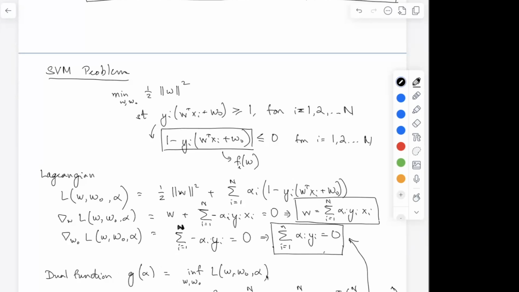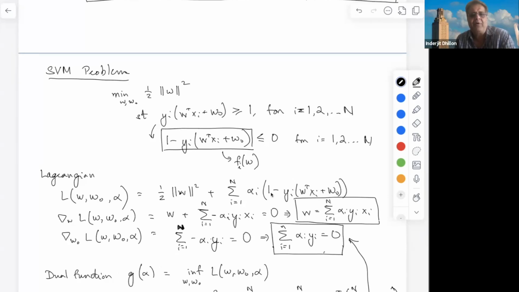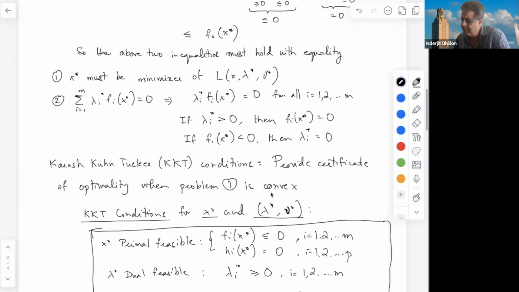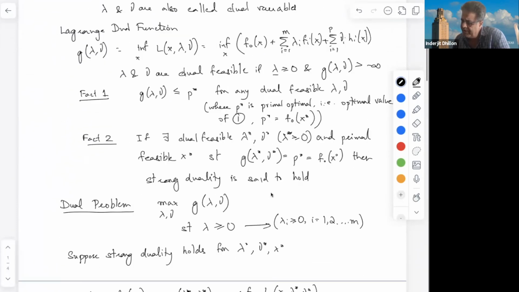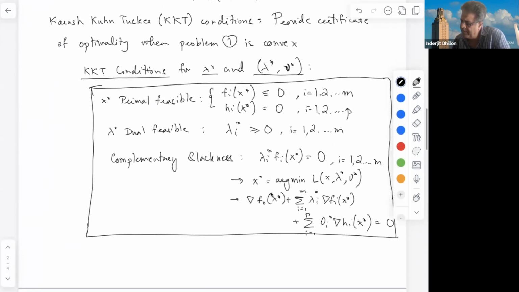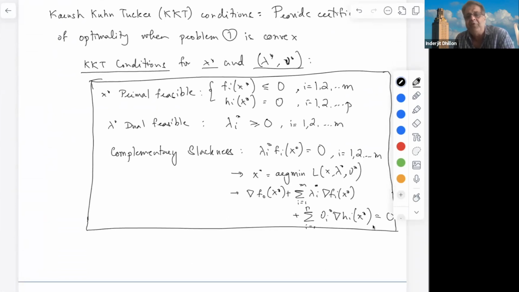Oh, so we just take the derivative and solve for alpha, right? So remember, I did go over that in general, we have this. Okay. And in the end, what I showed is that when you have this, this must be true. Which means that when I take my Lagrangian, I can basically set the gradient with respect to the primal variable equal to 0.